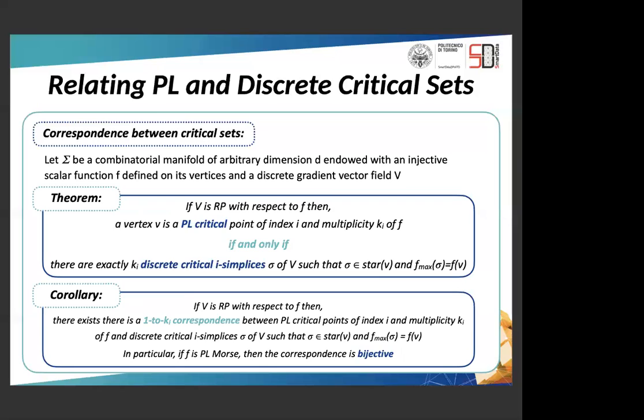Rephrasing this theorem, we have the corollary, which establishes a 1 to Ki correspondence between PL critical points and discrete critical simplexes. And under the assumption that f is PL Morse, so if f is free of critical points of multiplicity greater than 1, this correspondence is actually a bijection.